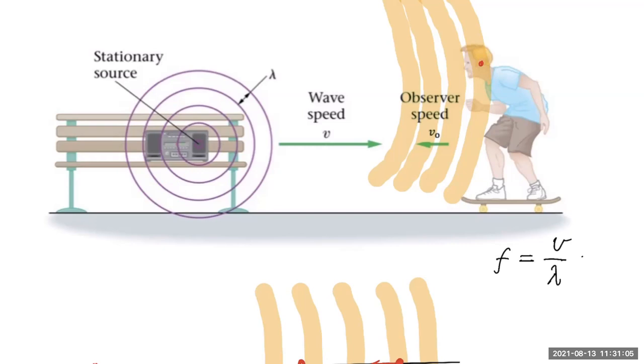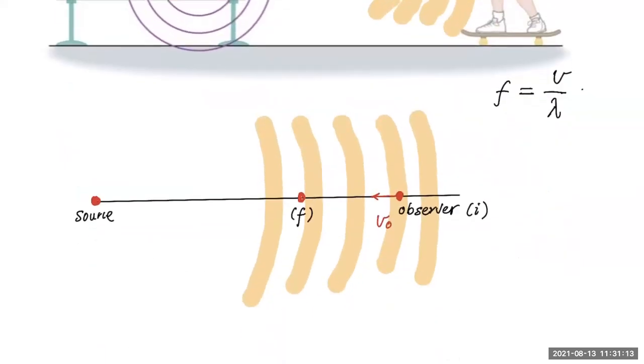But by moving towards the source, his ear can intercept an additional number of wavelengths, don't you think? Let's say he was originally here, the initial position of the observer, and then a little bit later, he reaches there. Let's say the time it takes to go from the initial to final position is 1 unit, say 1 second, for example.